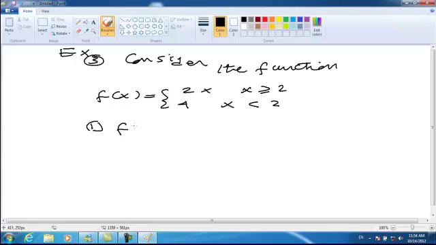Number 1, f of 2 equals 2 times 2 equals 4.